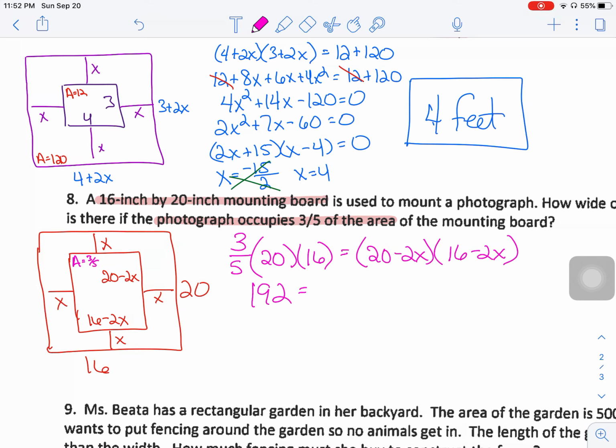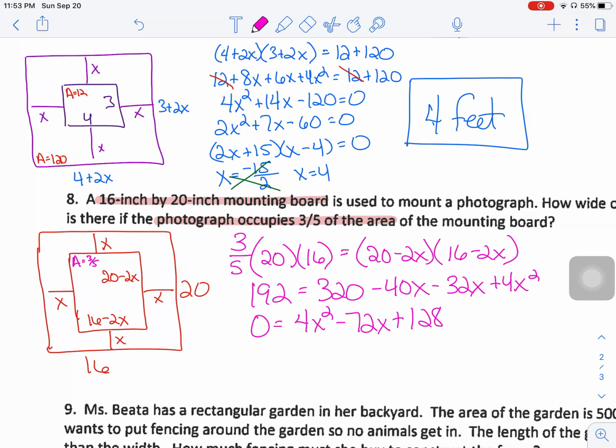Let's see what else we've got here. 20 times 16, so this is 320 minus 40x minus 32x plus 4x squared. All right, I'm going to do some cleanup. So 4x squared minus 72x and 320 minus 192 is 128.